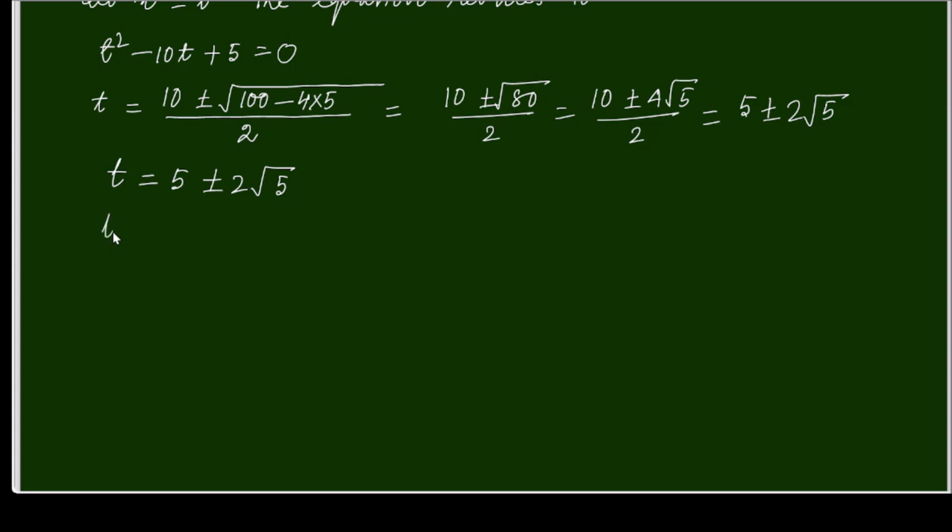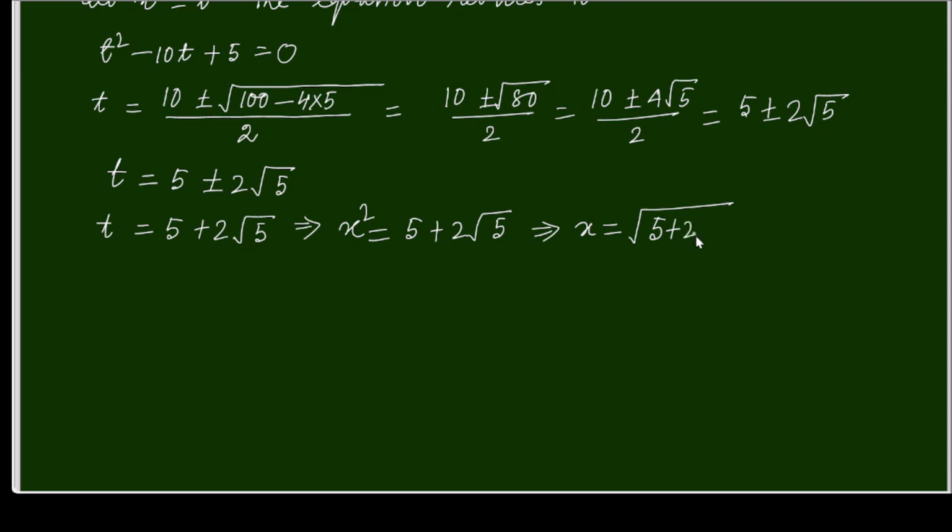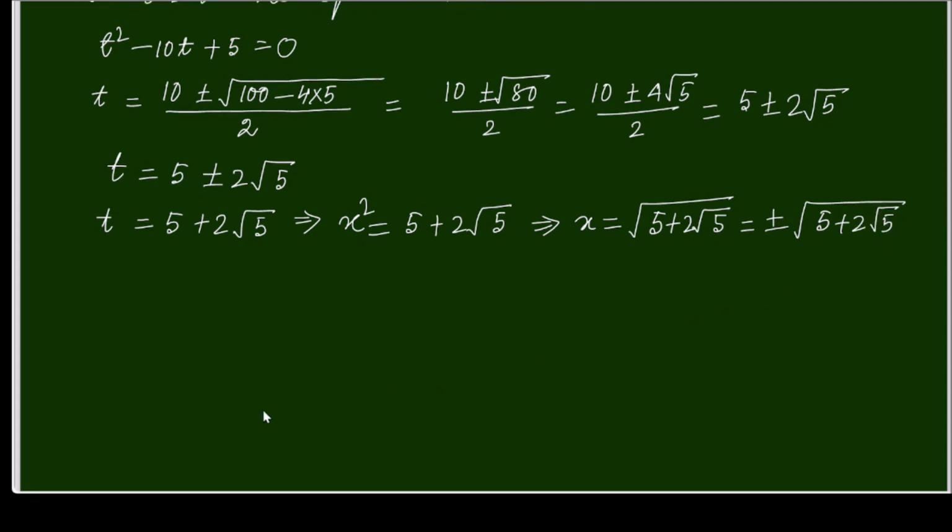Now when t equals 5 plus 2 root 5, that means x square equals 5 plus 2 root 5. So what about x? x is equal to the square root of 5 plus 2 root 5. That means again there are two possibilities: one is plus square root of 5 plus 2 root 5 and the other is minus square root of 5 plus 2 root 5.